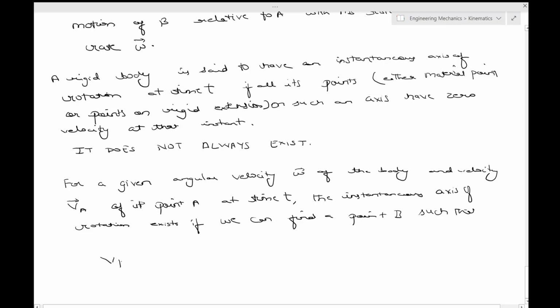So the velocity of B is equal to velocity of A plus omega cross R BA. This is coming from equation 1.70. Please go back and see this. And this must be equal to 0. That is, the velocity of A must be equal to minus omega cross R BA.